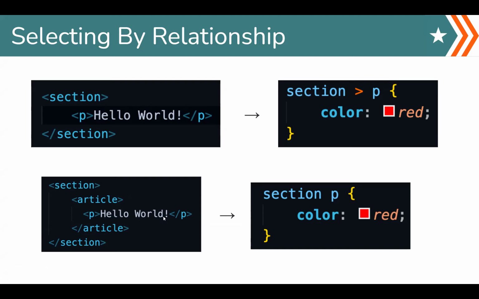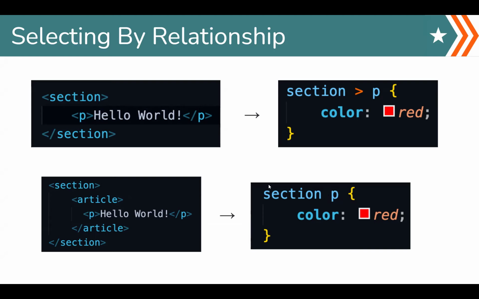Here, to grab the p tag, they didn't use the, what's it called, the greater than symbol. Yeah, I know there's a specific term for these. I forgot the name for it. We didn't use the greater than symbol. We said section space p, right?